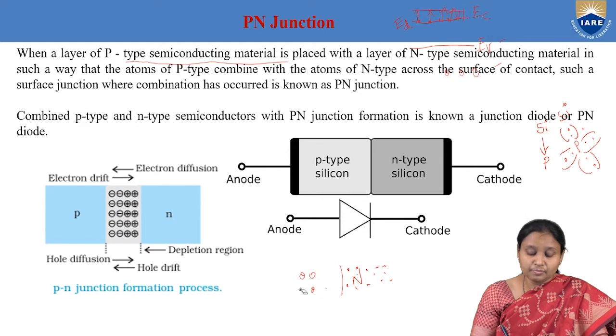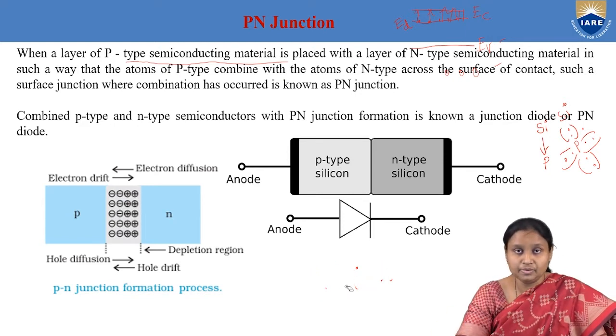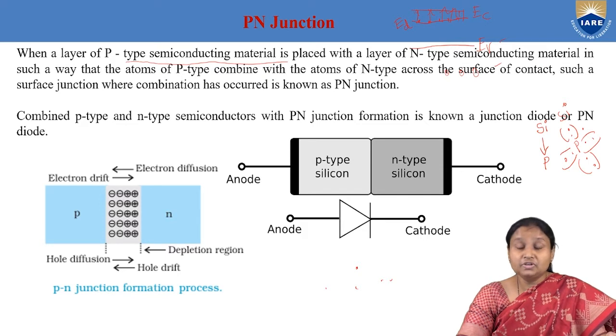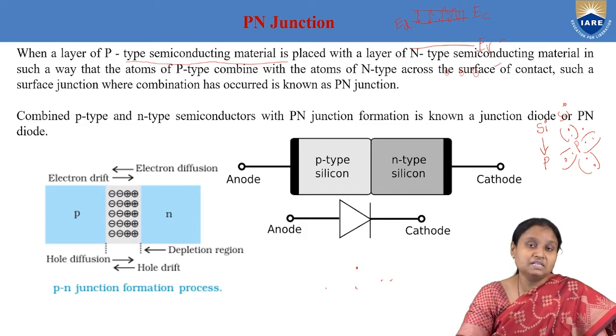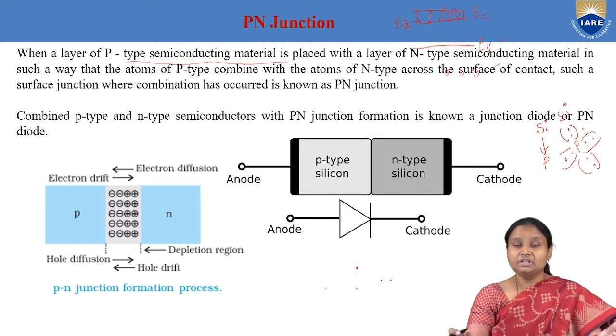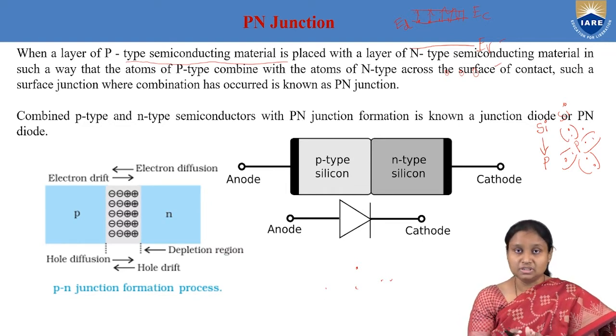So when we talk about p-n junction, I have taken a layer of p-type. Usually we prefer a wafer of p-type as well as n-type. So a wafer is nothing but a thin layer. So we'll take a very thin layer of p-type material, and also a very thin layer of n-type material. And then after that, we'll combine them together.